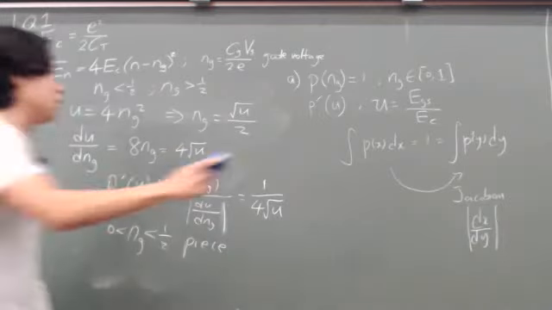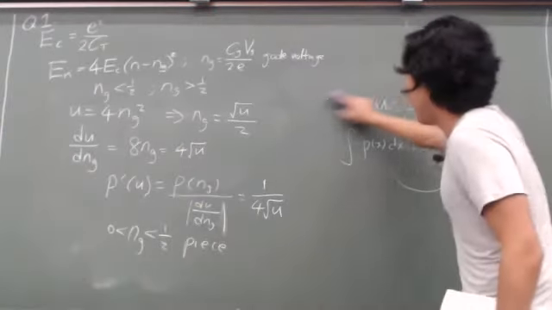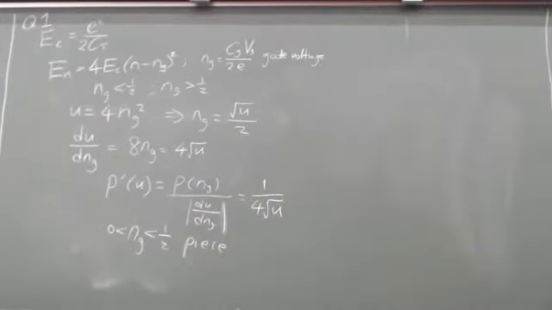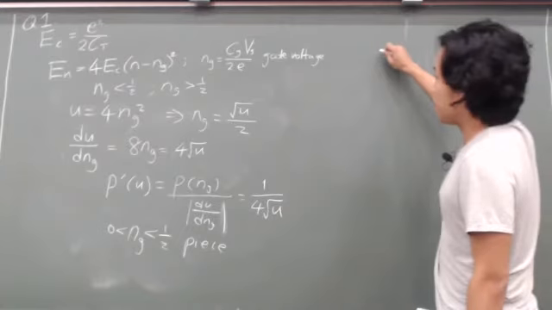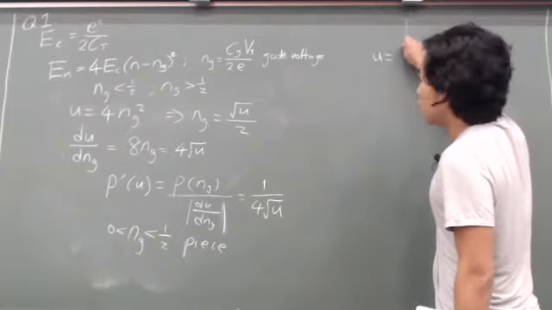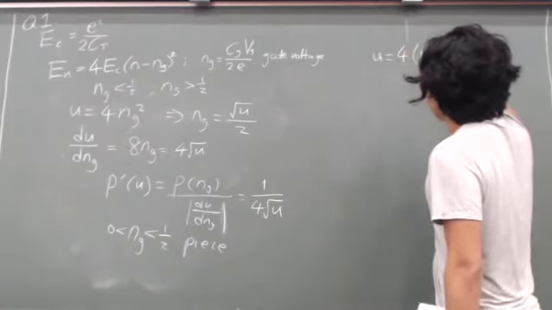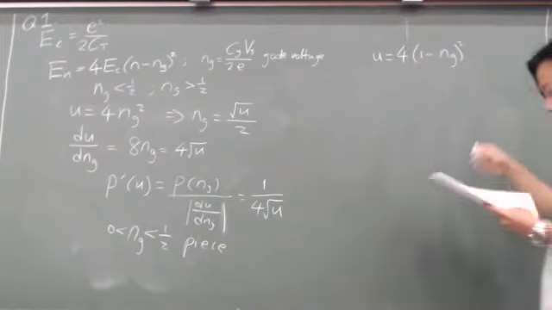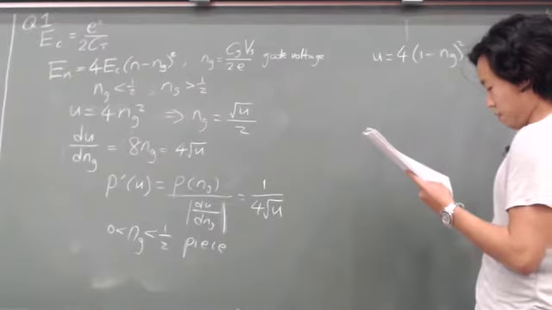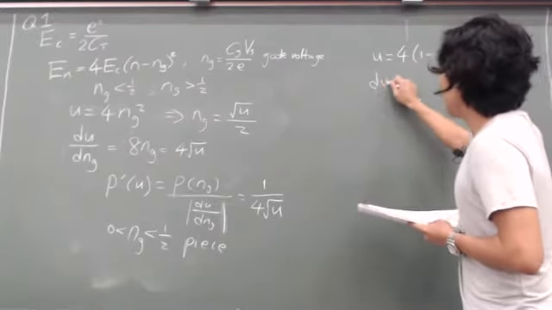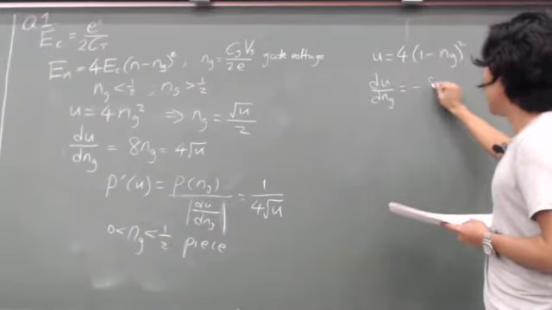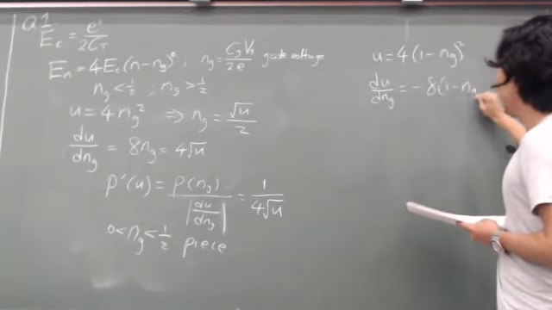Okay, so now let's look at what happened in the ng between a half and 1 piece. So we do the exact same thing, except this time U is equal to 4 times (1 minus ng) squared. Okay, dU/dng is still fairly easy. So this is minus 8 times (1 minus ng).